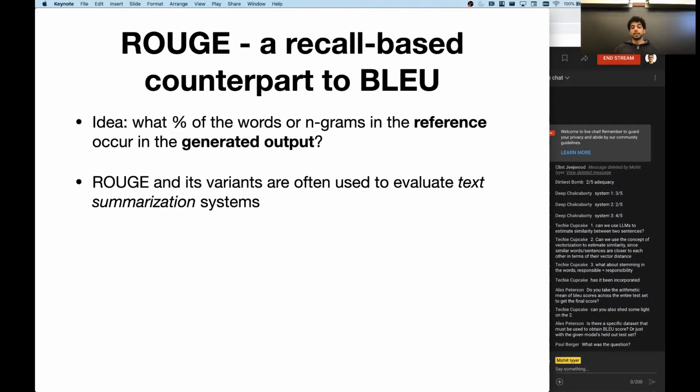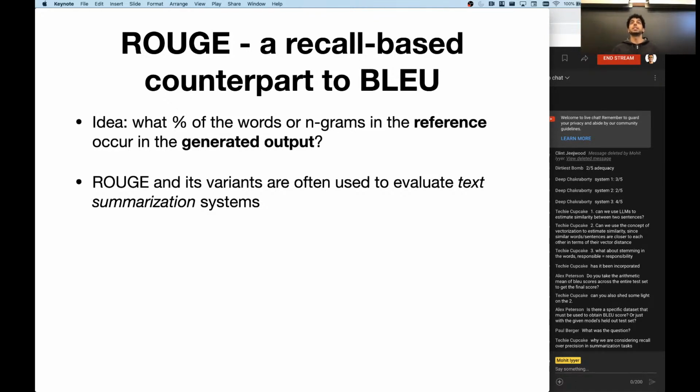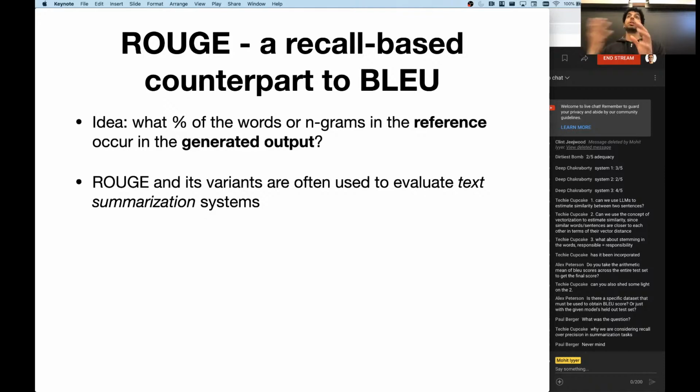That's right. So the content of the summary is very important, right? And specifically, the human written reference contains all of the important information in the source document, right? So the ideal summary would include as much of that important information as possible, and it's fine if it includes other pieces of information. That's not as big of a deal as including as much of the important information as possible.